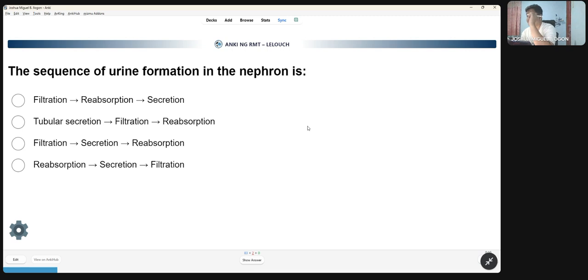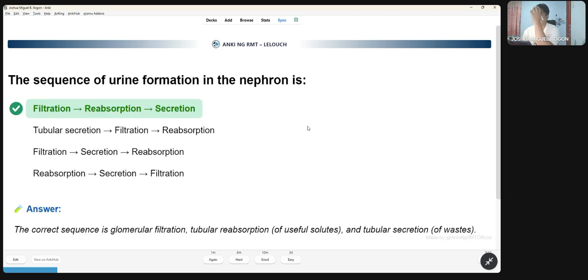First is filtration, then reabsorption, then secretion.